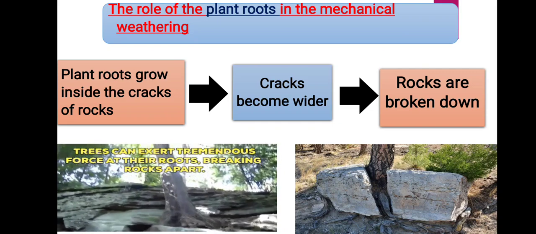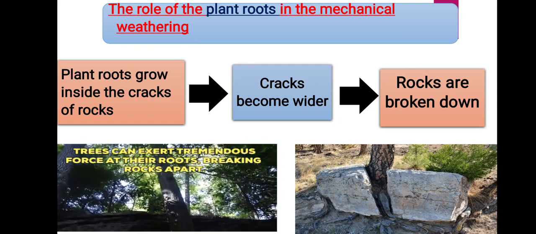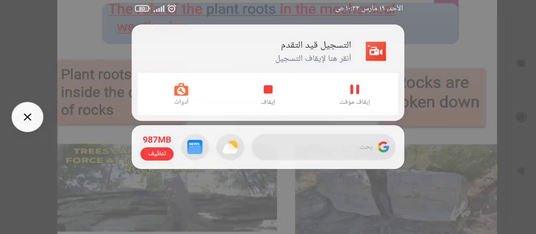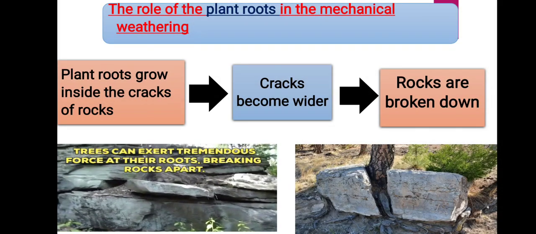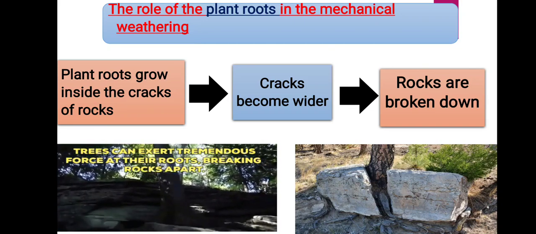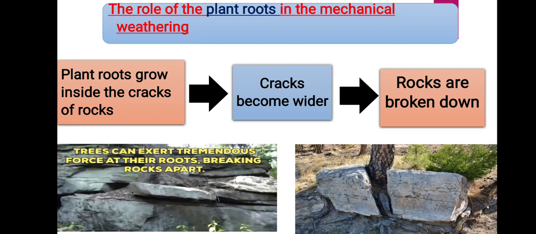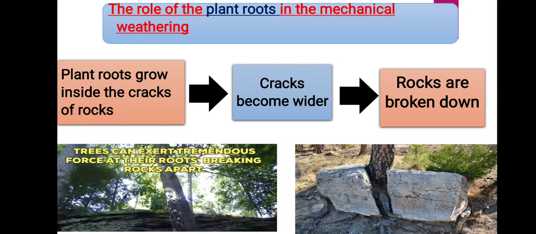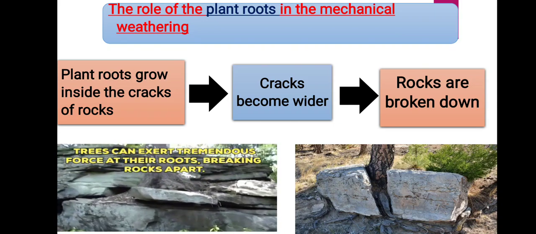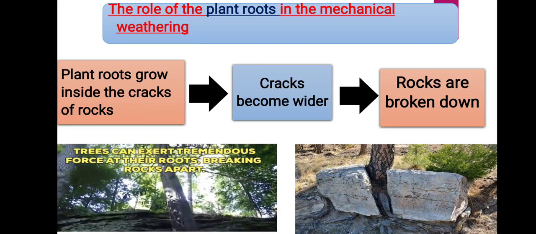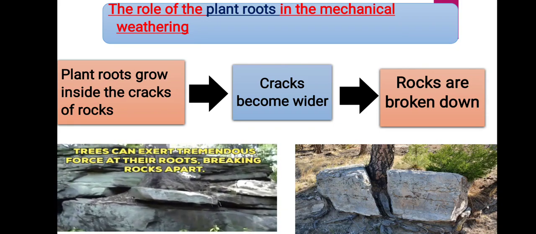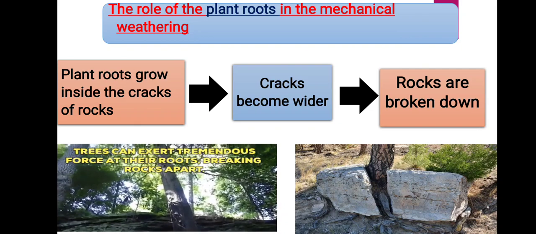So again, some plants grow above the rock, and the plant roots grow inside the rock, so the roots can make cracks. Over time the cracks become very wide, and after that the rock is broken down, as we can see in this picture.